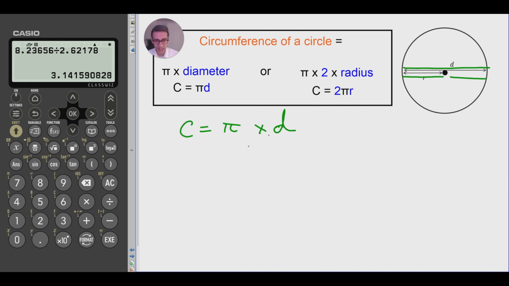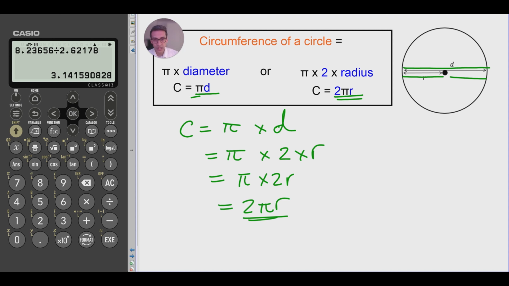So instead of d, we can write pi times 2 lots of r, or 2r. Now we can simplify that by writing pi times 2r, but we want the number to be at the front, so we conventionally just write this as 2 pi r. And that's your second formula here. So all we're doing is replacing the d, the blue d there, with the blue 2r.